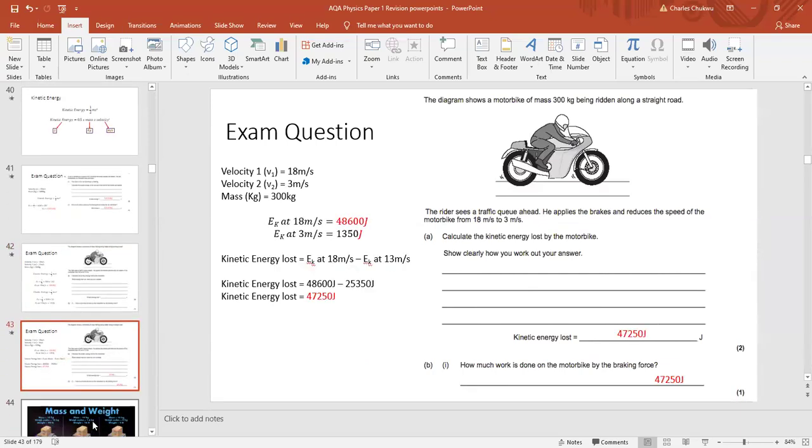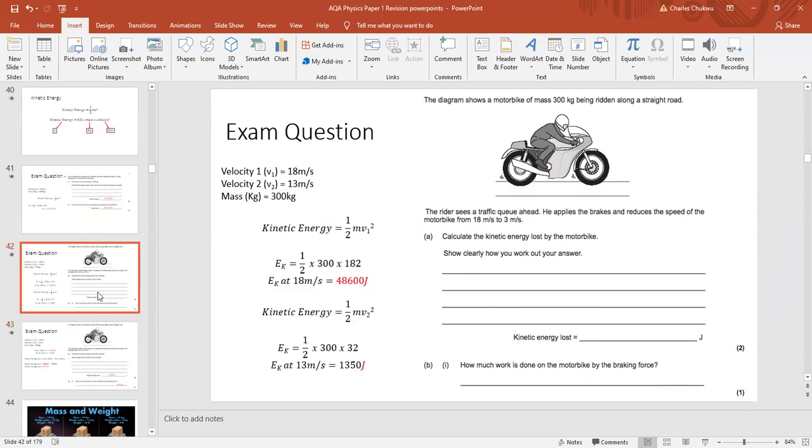These are more exam questions on kinetic energy.